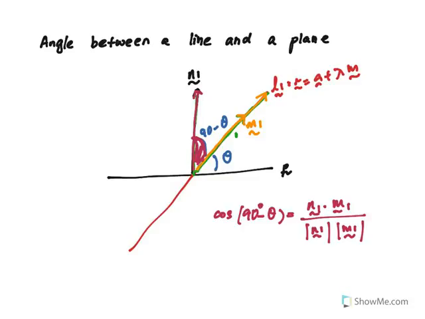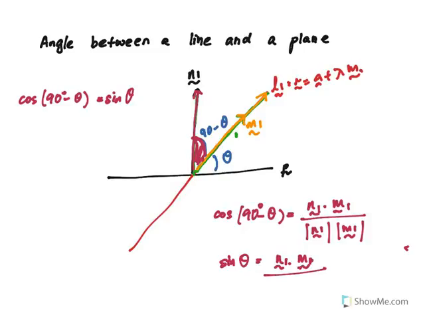Based on secondary 3 trigonometry, you know that cos of 90 minus theta just equals sin theta. So we can change this and say that this is just sin theta, which equals n1 dot m1 over the modulus of m1 and n1. So that's how this formula comes about.